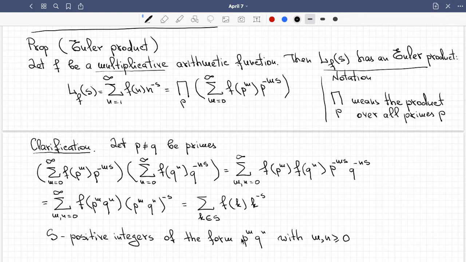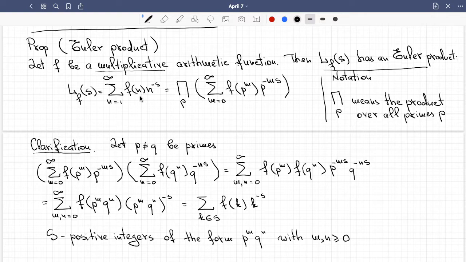And finally, when we take the product as here over all primes, we get this same kind of series, with a summation over all positive integers which can be presented as products of powers of all primes.